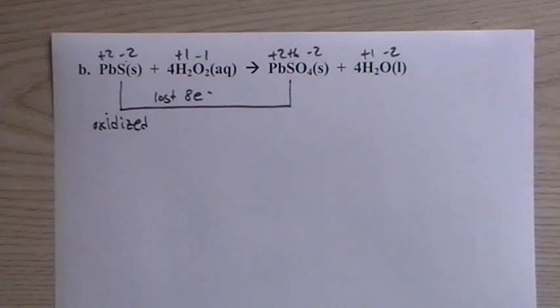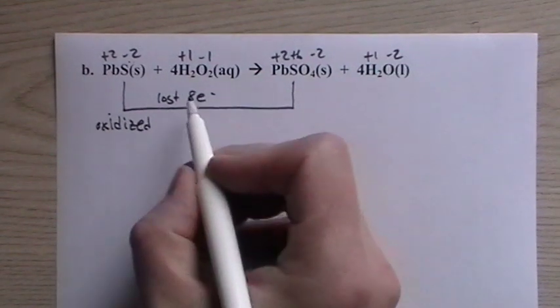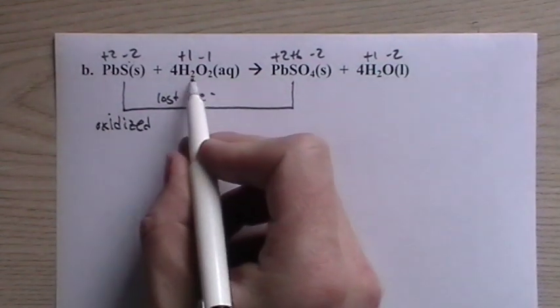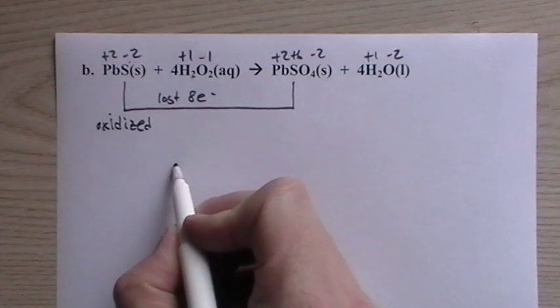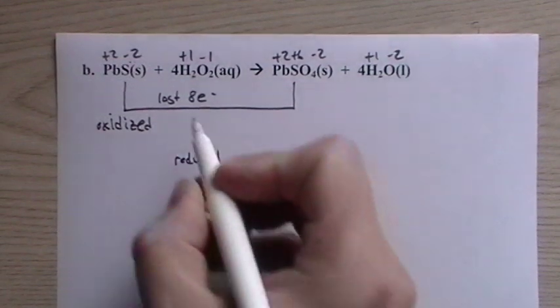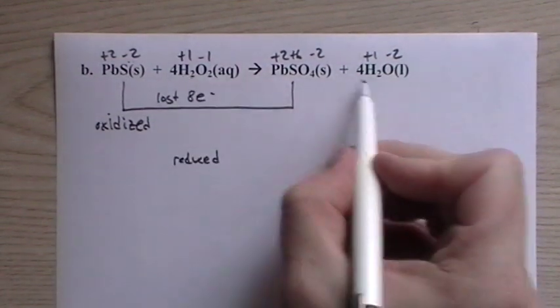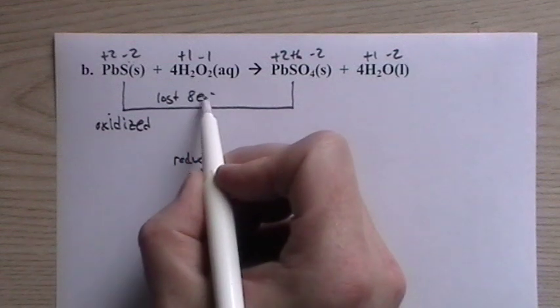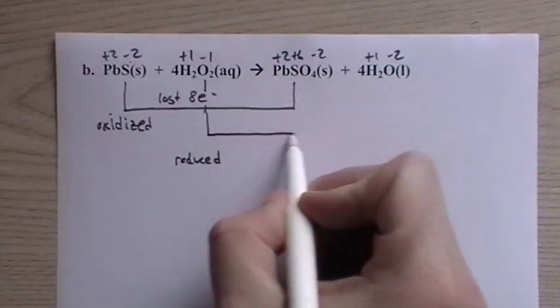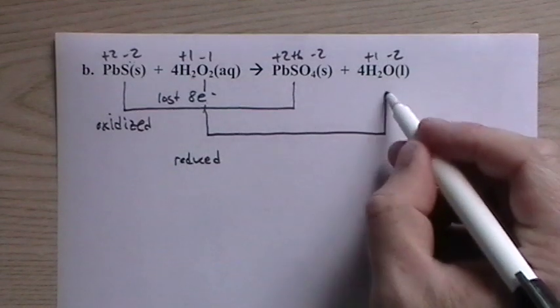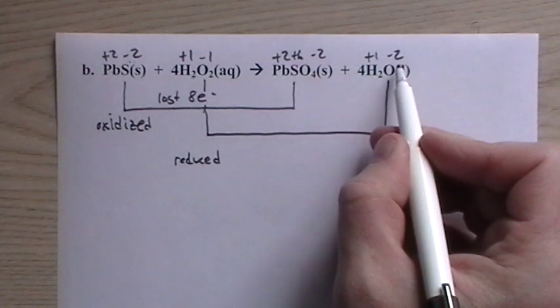Normally when you say what was oxidized, you say the whole species, even though the lead wasn't touched. So you say lead 2 sulfide, which means that the hydrogen peroxide must have been reduced. We'll write it down here, and then we see this. Nothing happened to the hydrogen, but the oxygen went from -1 to -2.